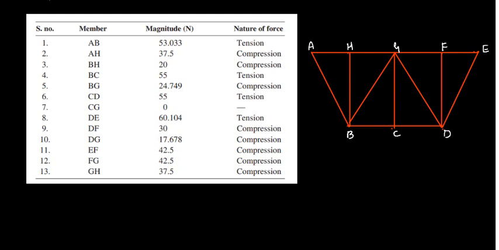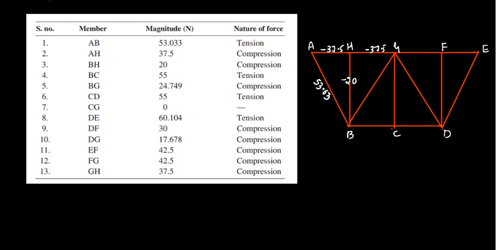We know that AB is 53.03, tension, therefore positive, and AH is compression, therefore minus 37.5. BH is minus 20, again compression, therefore minus 20 here. Similarly this is minus 37.5, and that is BG.